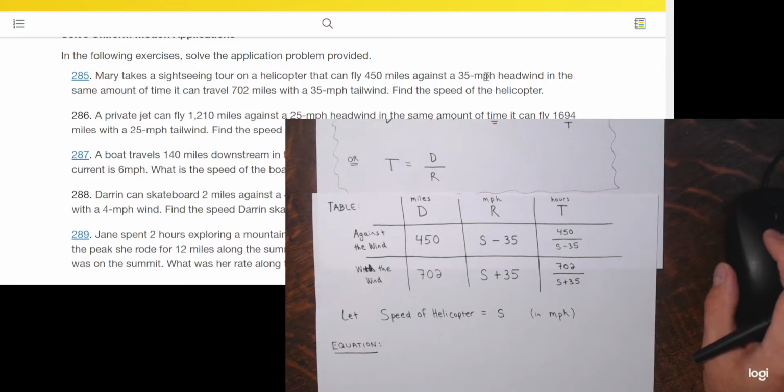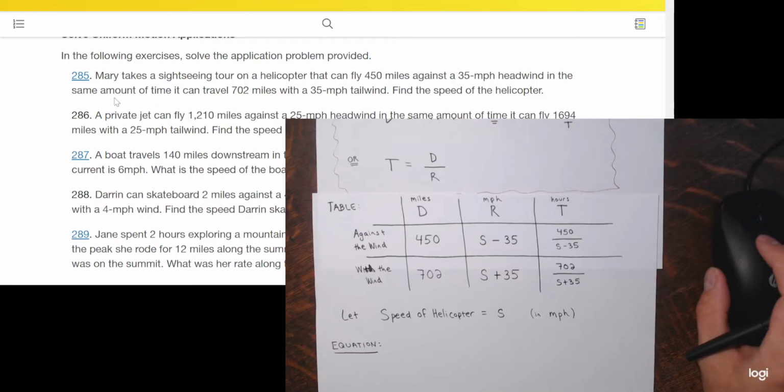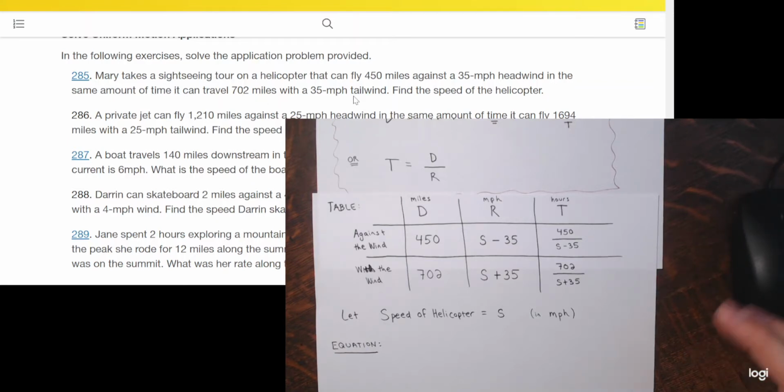Well, the key words here are, it flies this trip against the wind in the same amount of time as it makes this trip with the wind. So the time traveled, I'll write this in words here. Now, I'll make this bigger.